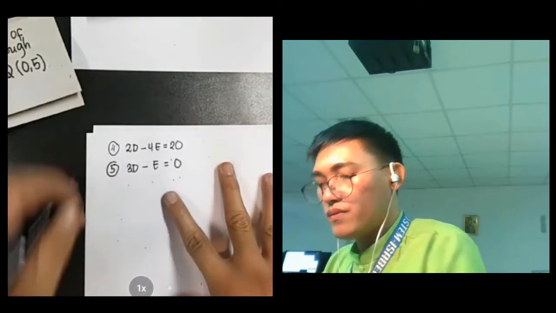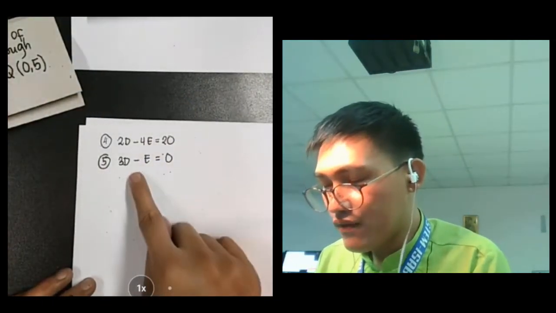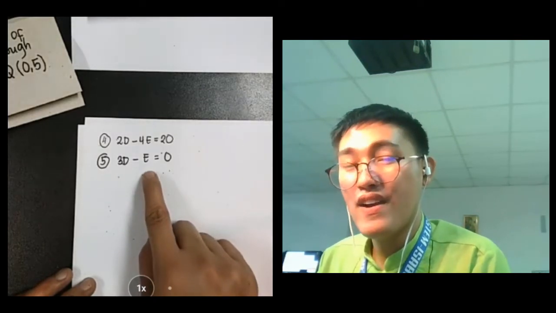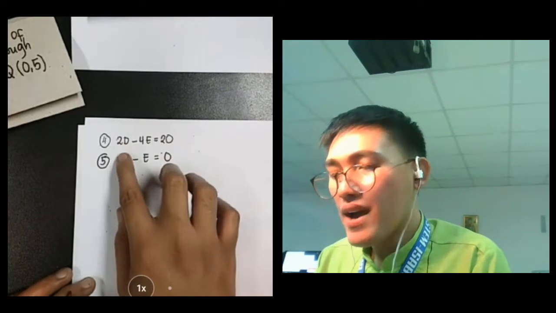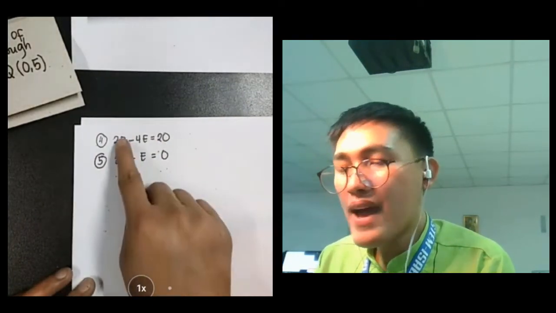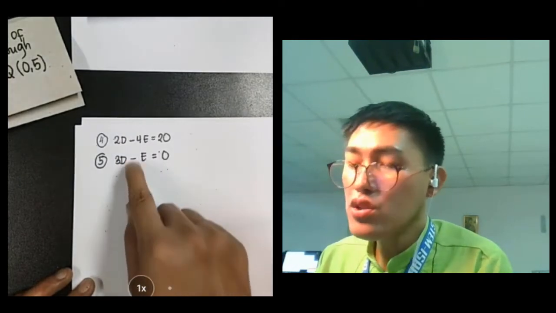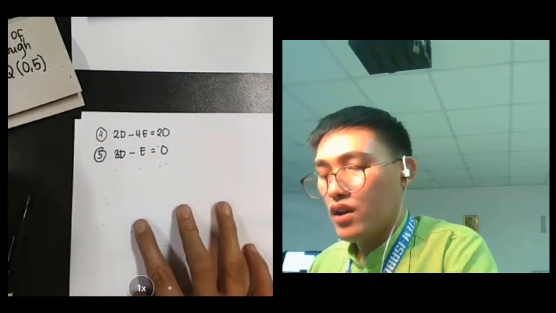If we are going to subtract, we cannot remove d, and we also cannot remove e. If we are going to add, we cannot remove d, and we also cannot remove e. So what are we going to do? This time, we are going to multiply this part by 4. Why 4?